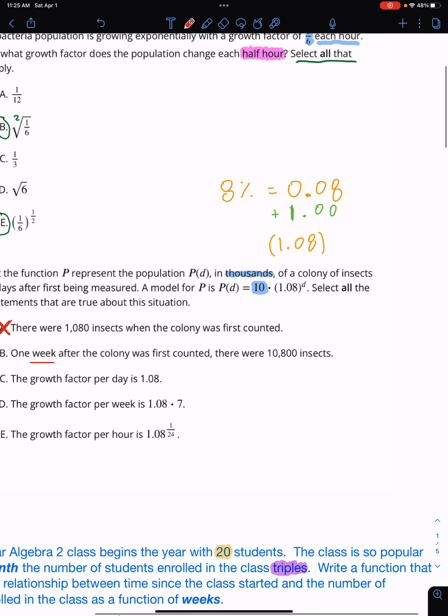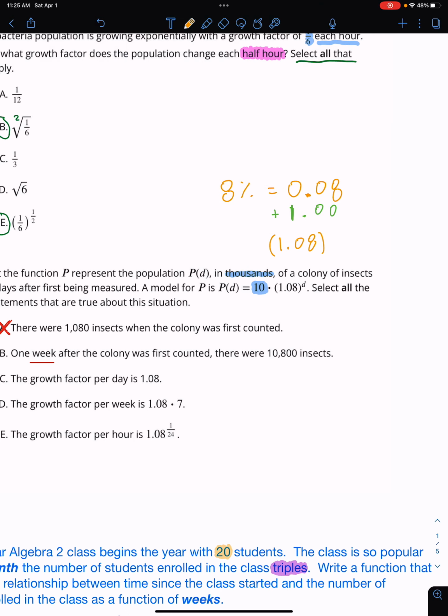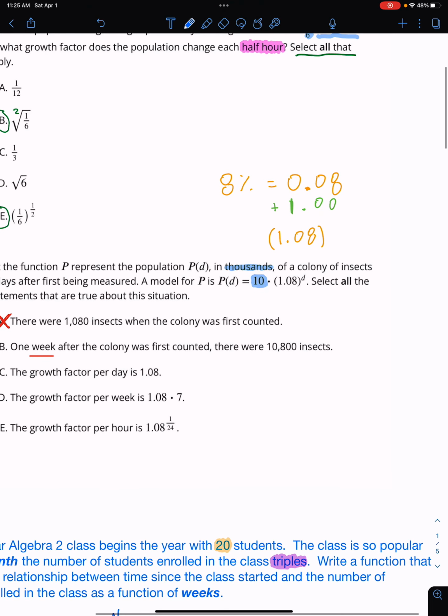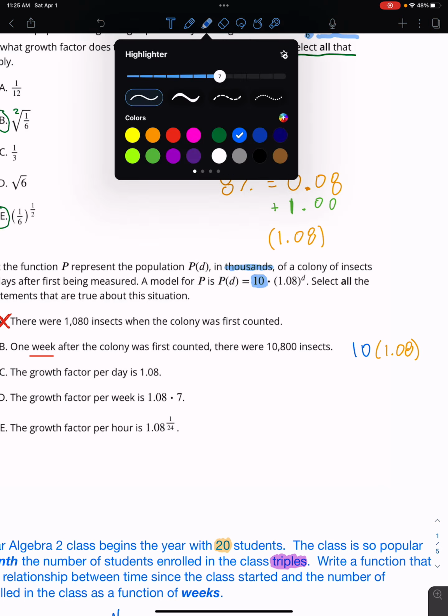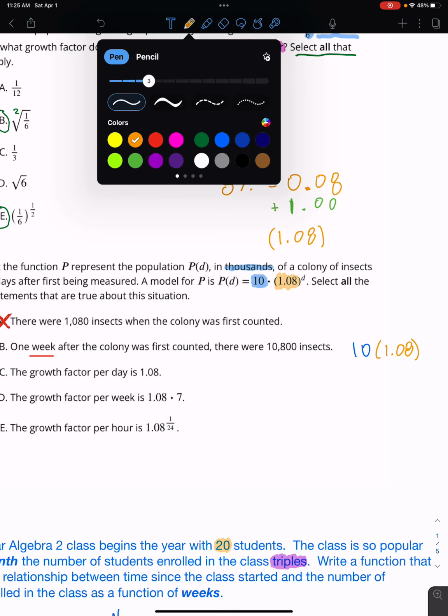After 1 week, what you're going to have is the 10 that we started with, and we're multiplying times 1.08 each day that goes by. But guess what? A week is 7 days, right? So you'd multiply times 1.08 to the power of 7.